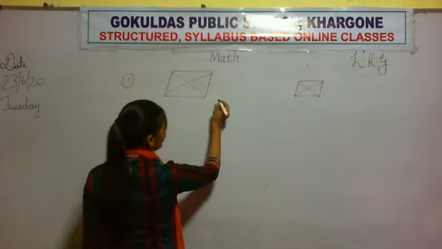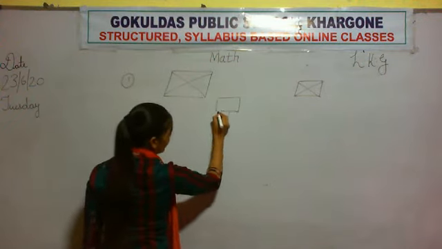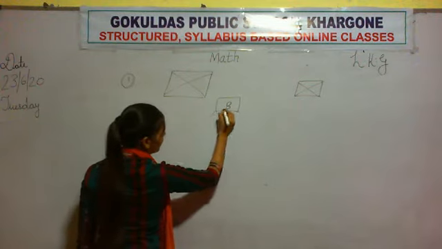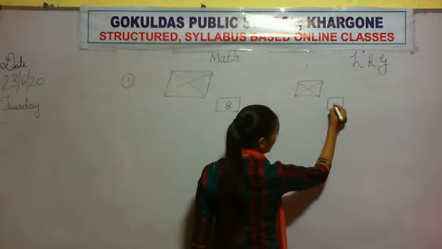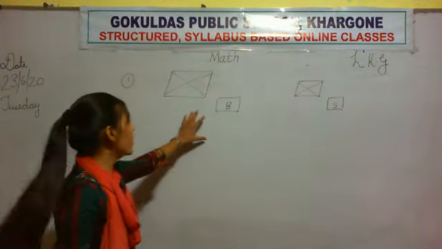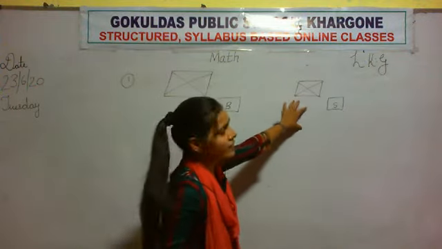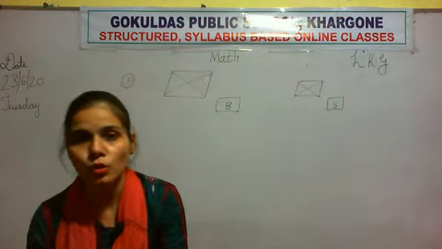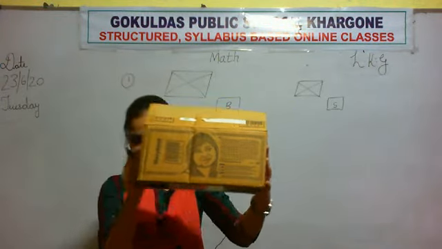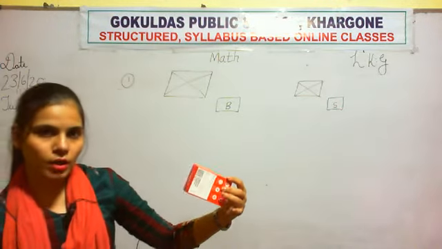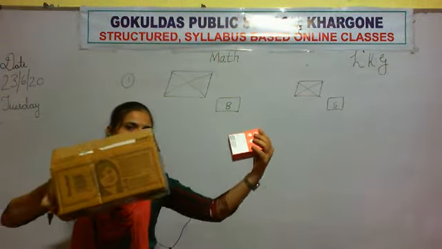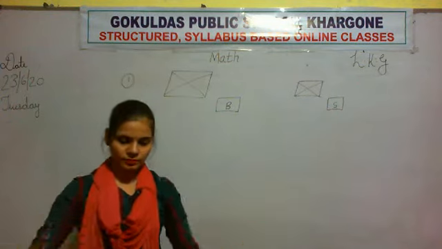So B stands for big, B stands for big one, and S stands for small one. This one is a big box and this one is a small box. Look here also. This one is a big box, but this one is small. So big and small.